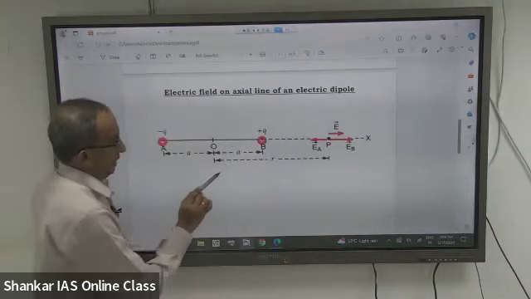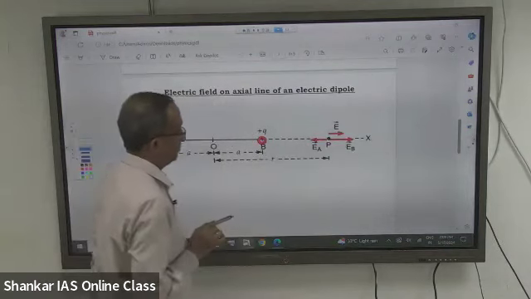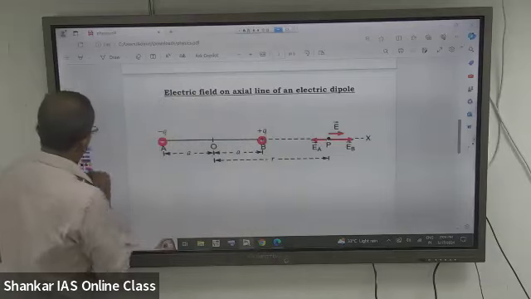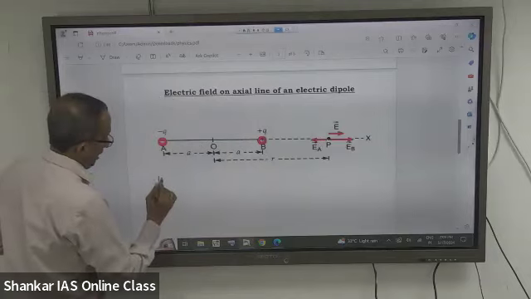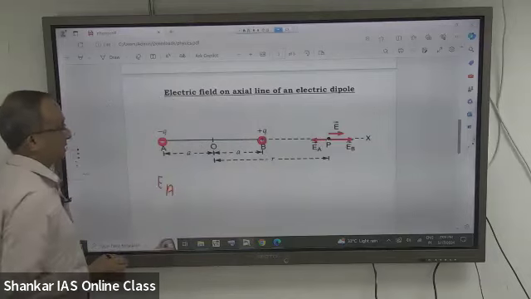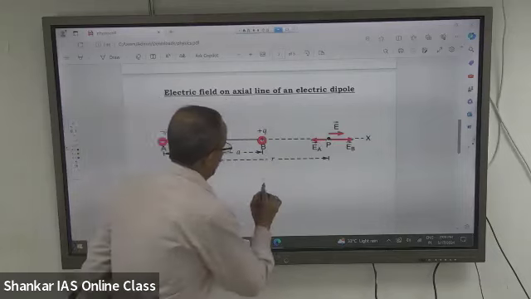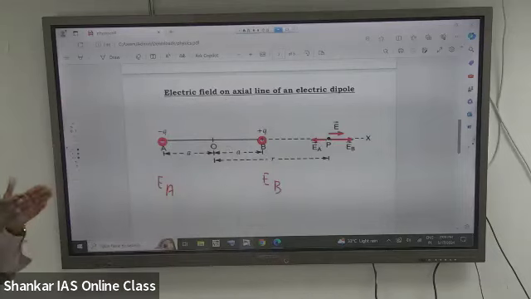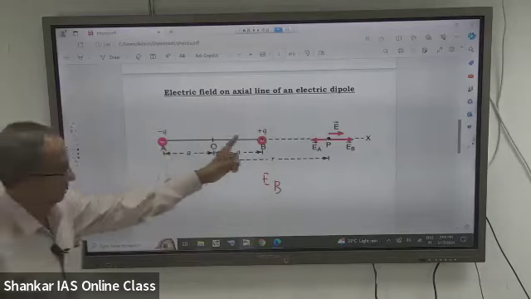We need to find the electric field at the point P. To find it, first of all, we consider EA due to this charge and EB due to this one. Then we will take the difference between these two, and then we can find the net electric field here.